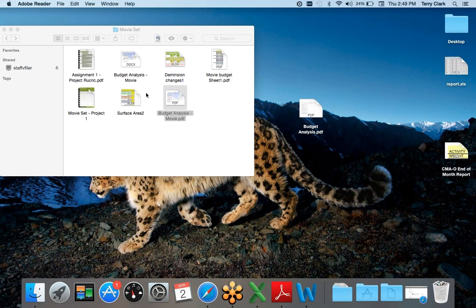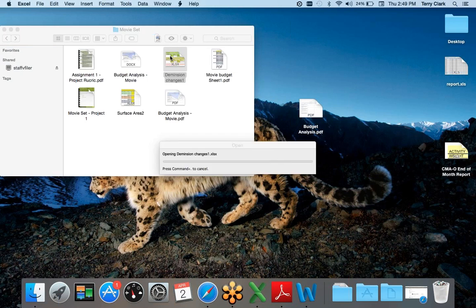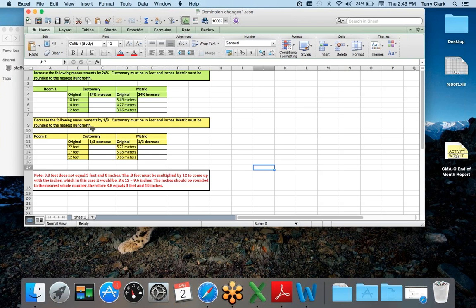Other things are going to be the same, so let me look at your dimensions. See, everybody has the same dimensions: 18 feet by 14 feet by 12 feet. So the dimensions for both projects are going to be the same.